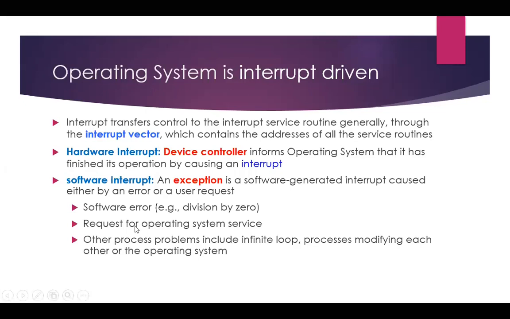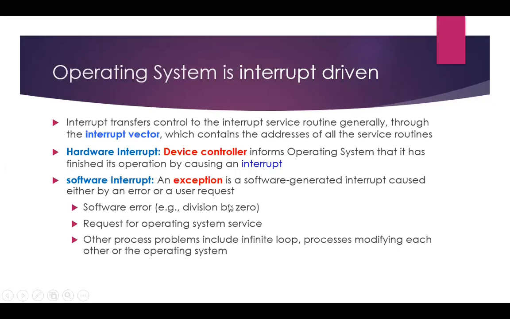So then your software will generate an error and inform the operating system that an error has been generated, and then the operating system will do something, or your application software will inform you that there is an error. Then the application software may request the operating system for some service. There may be other scenarios like an infinite loop. So these are the inadvertent errors when you make software.